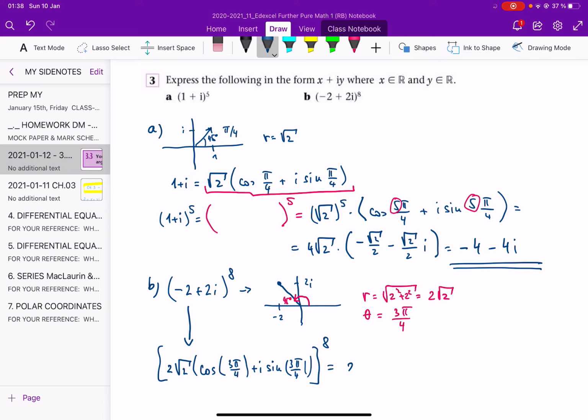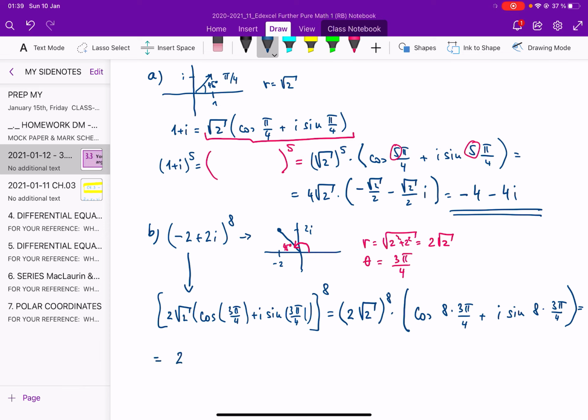Based on the Moivre theorem, this is to the power of 8 times cosine, I'll write it this way, 8 times 3 pi over 4 plus i sine 8 times 3 pi over 4. What is 6 pi?